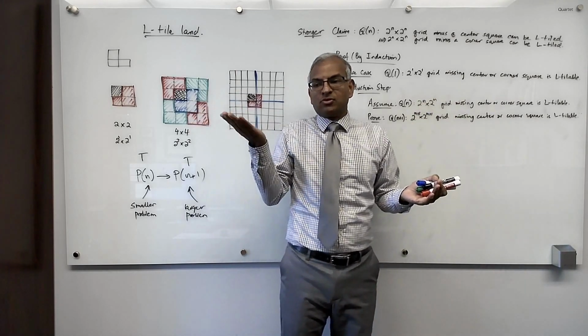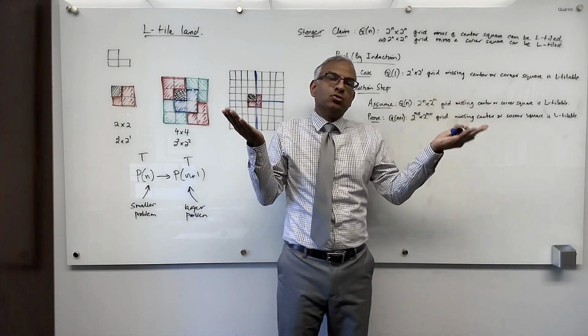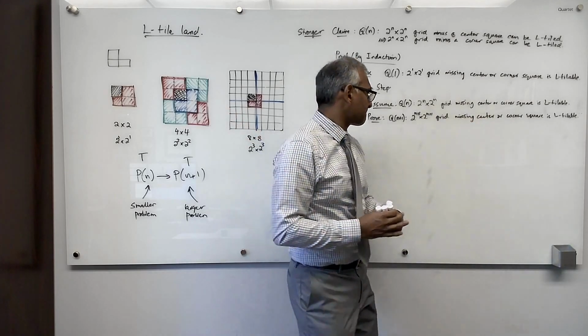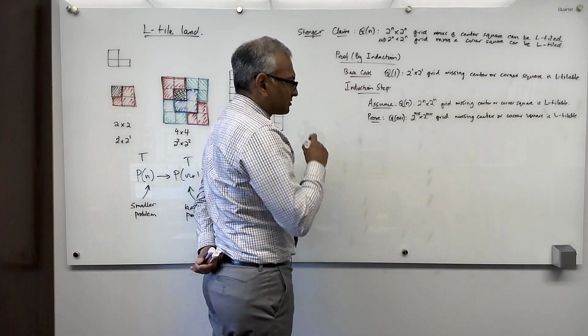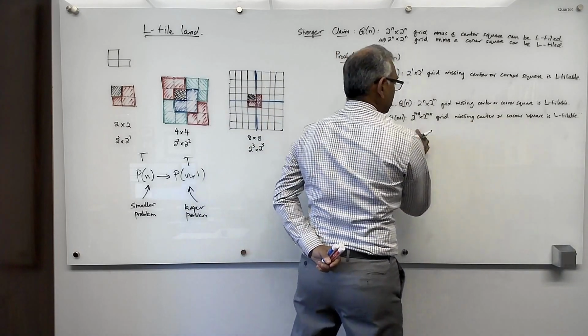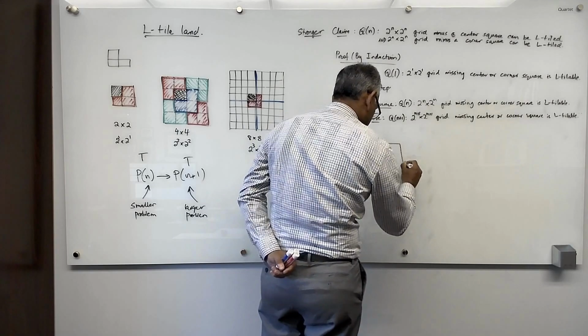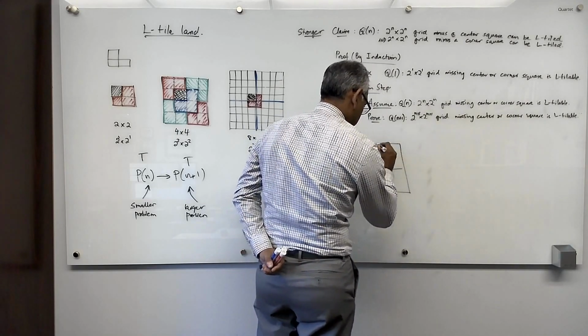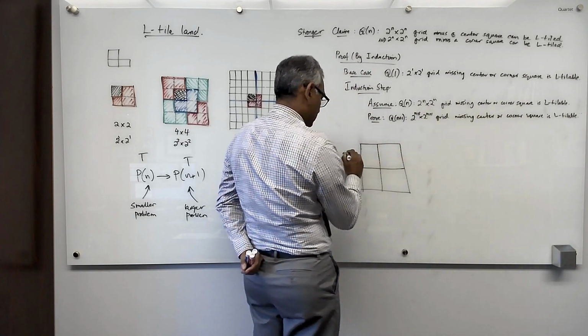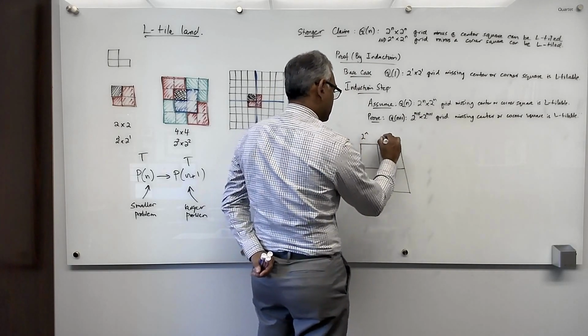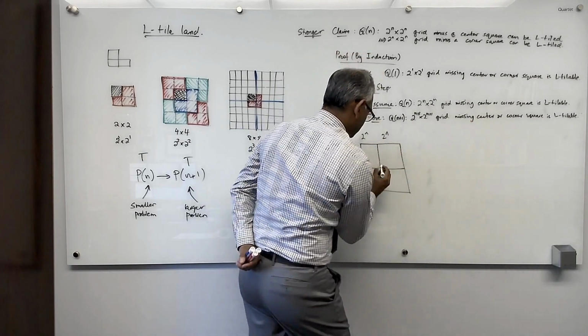So you get to assume enough to prove what you need. All right, let's prove it. Well, there are two things to prove. So let's consider the bigger grid, which is twice as big. So here we have 2 to the n, 2 to the n, 2 to the n, 2 to the n, and it's missing a center square.